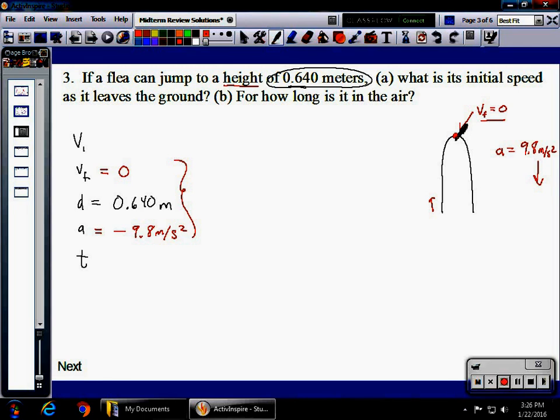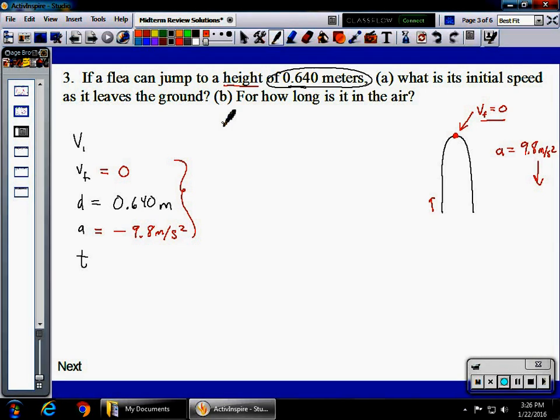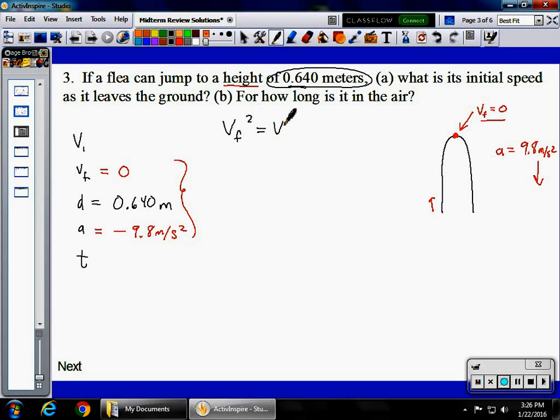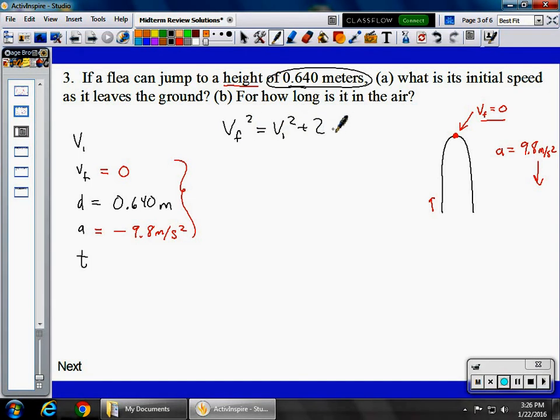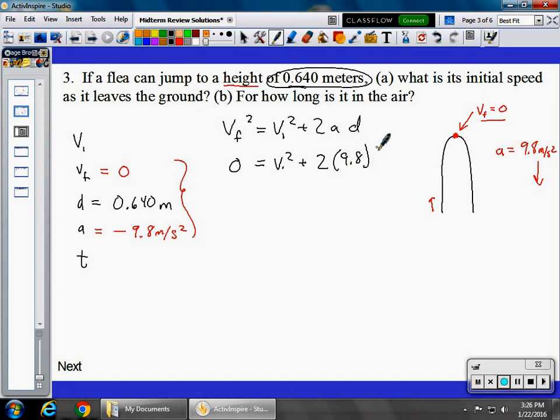We want to know the initial speed, so that's our VI. And an equation that we can use is our VF squared equation. VF squared equals VI squared plus 2AD. So we're going to substitute in 0 for our final equals VI squared plus 2 times 9.8 times our height, which is 0.64.